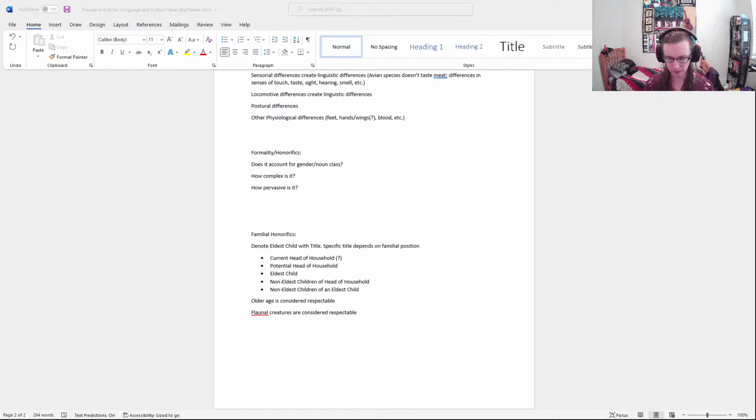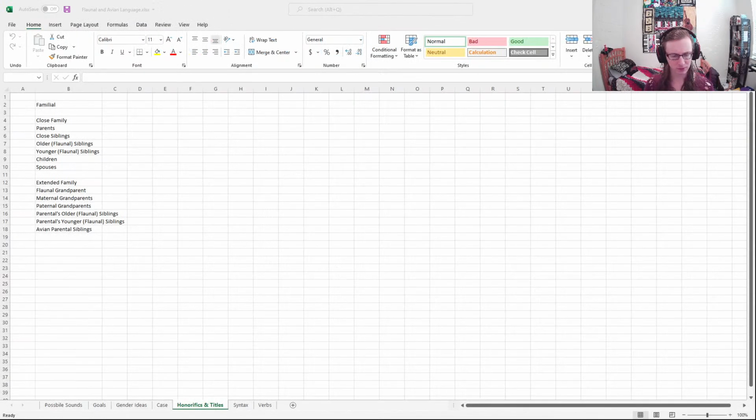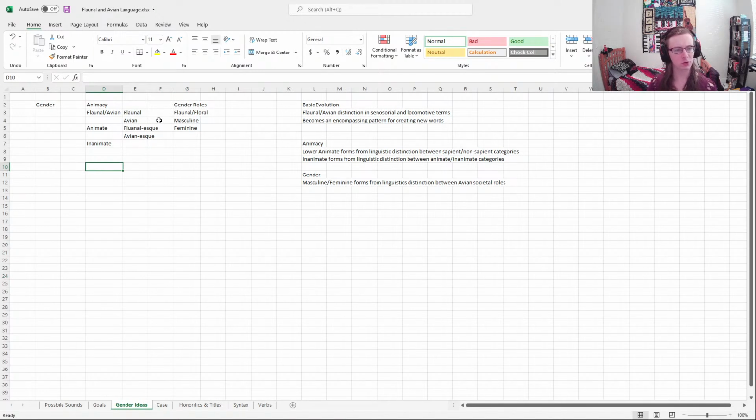Let me go back over to that sheet for a moment and see what we had discussed here. So with our gender ideas, we had discussed two options, as far as animacy and gender roles, and they're not necessarily mutually exclusive either. Doing faunal definitely higher than avian, which fits with the other patterns we have so far, with potentially within the avian either a masculine-feminine or a feminine-masculine denotation, with one higher than the other. I think at this point I don't really want to denote feminine over masculine in any way among the avian creatures.